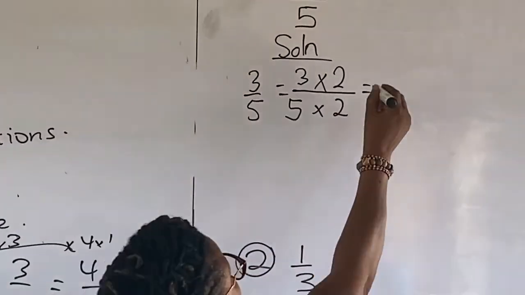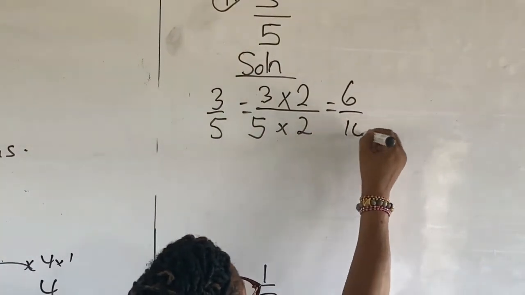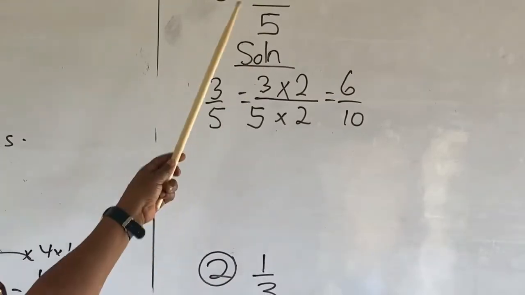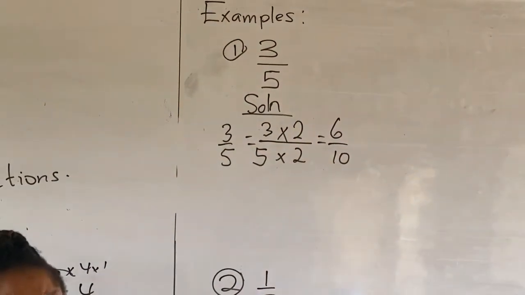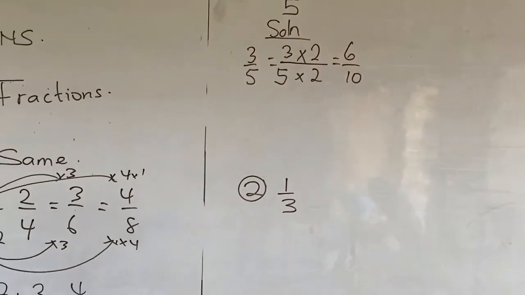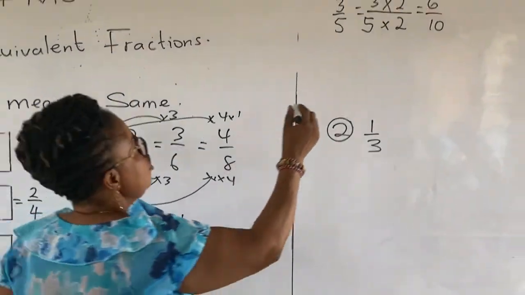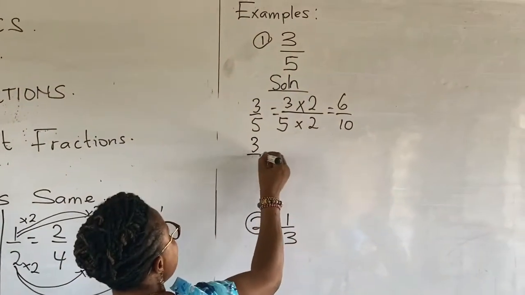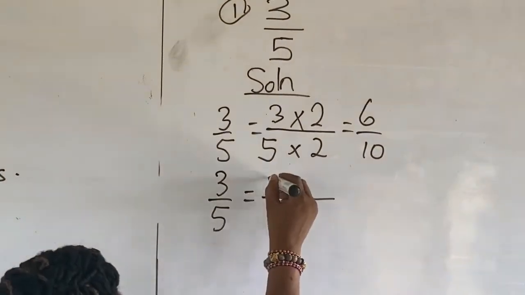So 3 times 2 is 6. 5 times 2 is 10. So it means 3 over 5 is equivalent to 6 over 10. And we have to work 3 equivalent fractions. So we are going to move on with the second number, which is 3. So we repeat it. 3 over 5 is equal to, put down your bar.